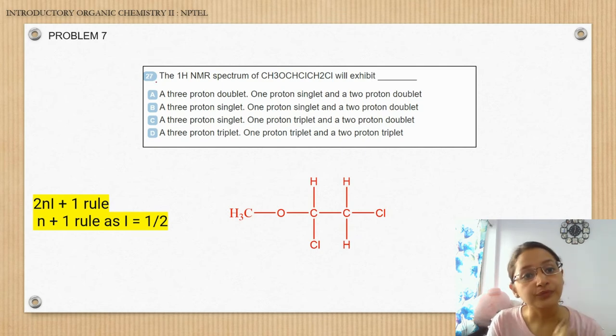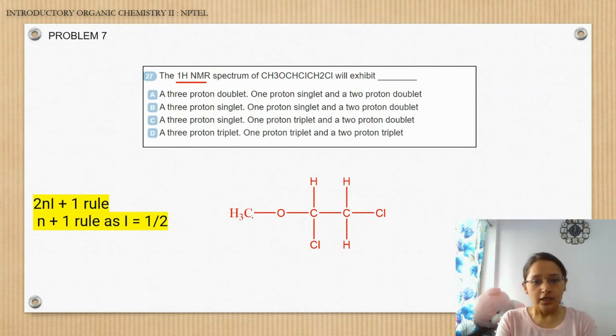Here they are asking what the 1H NMR spectrum of this particular species is. I have expanded the chemical formula: CH3O CHCl CH2Cl. When we discuss this hydrogen, first discuss this one. It is connected to a carbon, and in the adjacent position there is no hydrogen present.